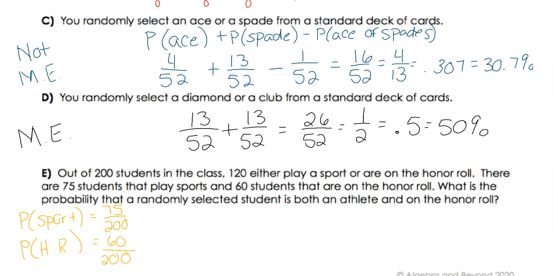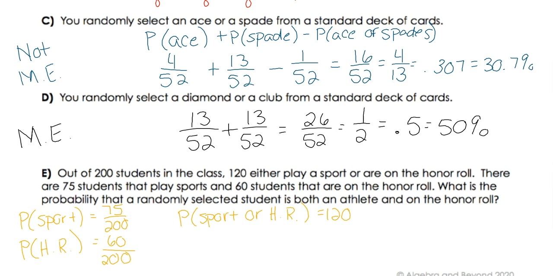They also throw in there that 120. So those are students who either play a sport or are on the honor roll. So if we write that one out, that would be 120 students total. So what we don't know is what's the probability of someone playing a sport and being on the honor roll?